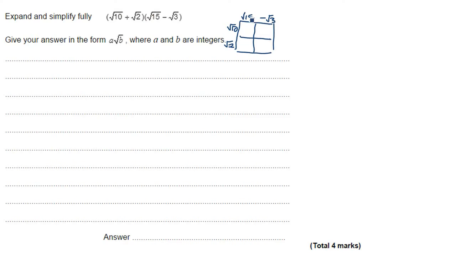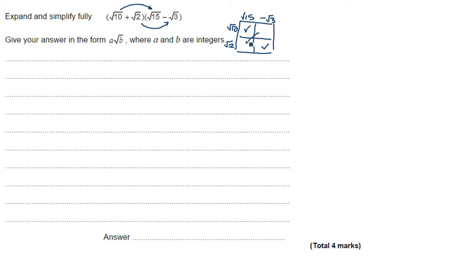What I'm going to do is, as it were, foil it. But instead of first, then the outer and inner, and then the last, I'm going to choose to do the last second. So if I look at my grid, we're going to do this one and then the root 2 times the minus root 3 there, and then the middle terms will be these diagonals here, which we'll do last.